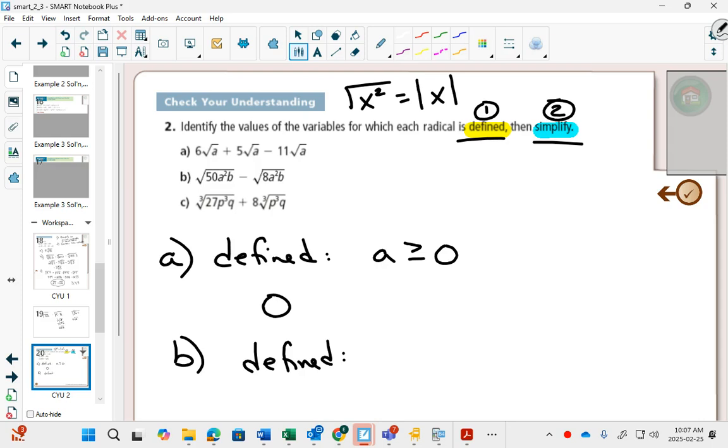The only thing that's going to possibly make this negative is the B value. If B is negative, the whole thing is going to be negative. If B is positive, the whole thing inside, both of them, would be fine. So as far as defined, the A doesn't matter, so it can be everything. But the B value has to be positive in order to work.